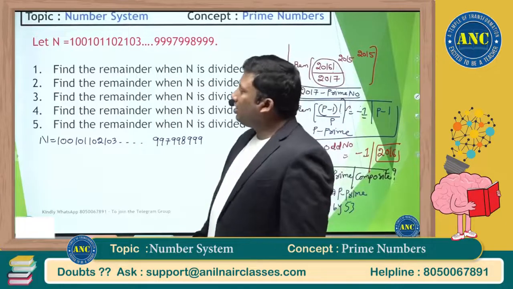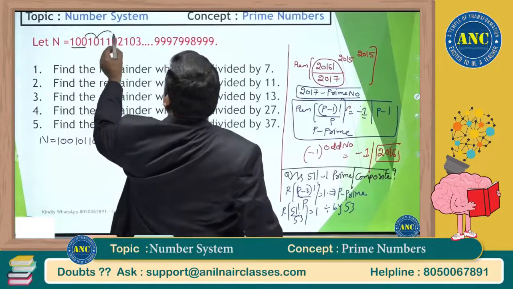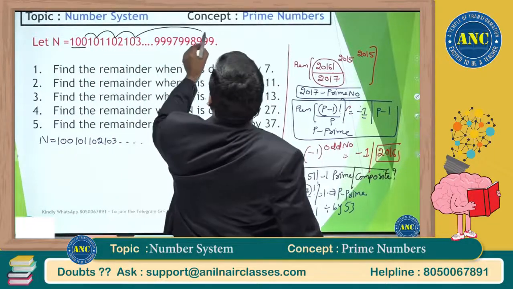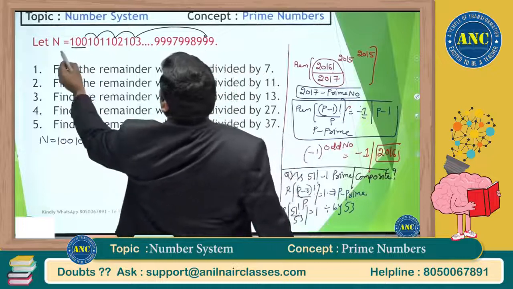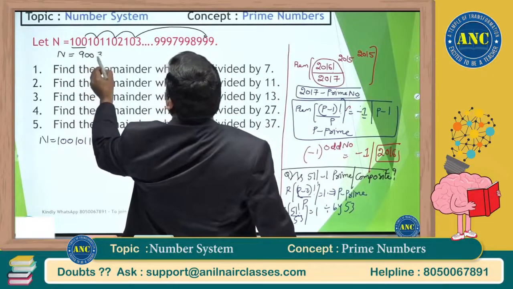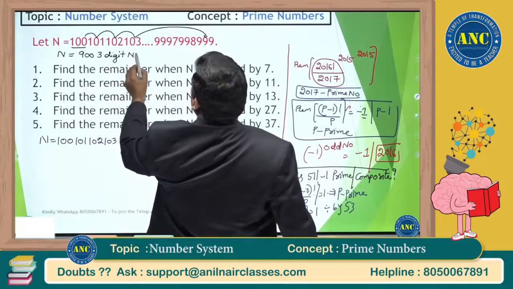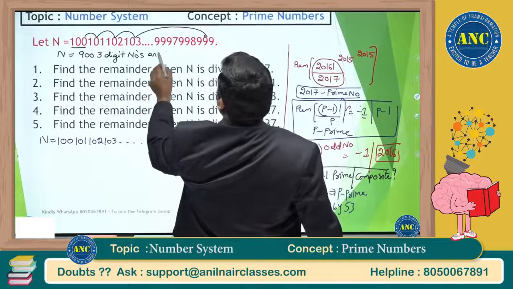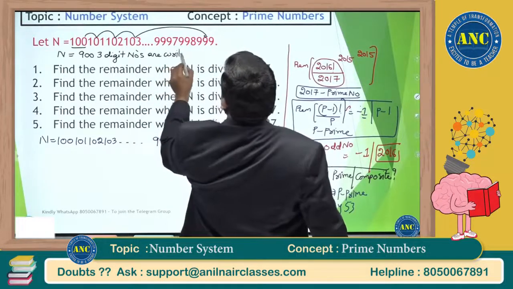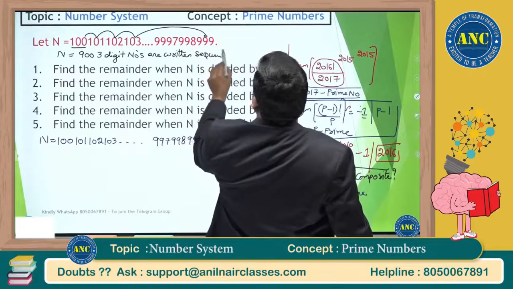How many 3-digit numbers are written? 3-digit numbers starting with 100, 101, 102, 103, and so on up to 999. So 900 3-digit numbers are written sequentially.